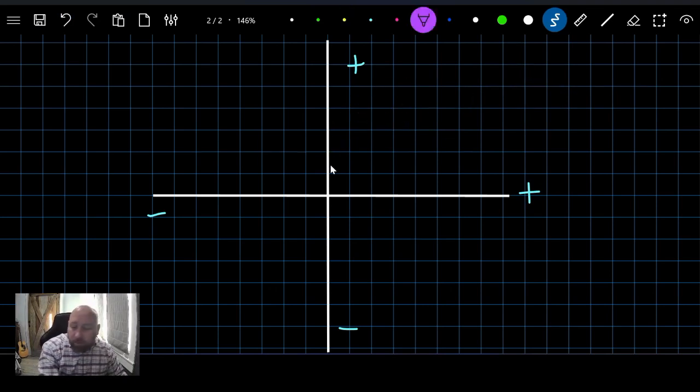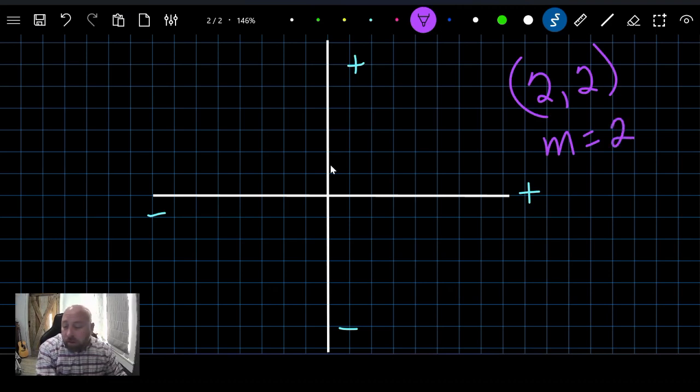And the last thing that I want to show you is if they say you have a point at 2, 2, and you have a slope of 2, go ahead and graph this. So what you would do is first of all graph your point at 2, 2. So we'd come over here 1, 2, and then up 1, 2. So we'd put our point right here.